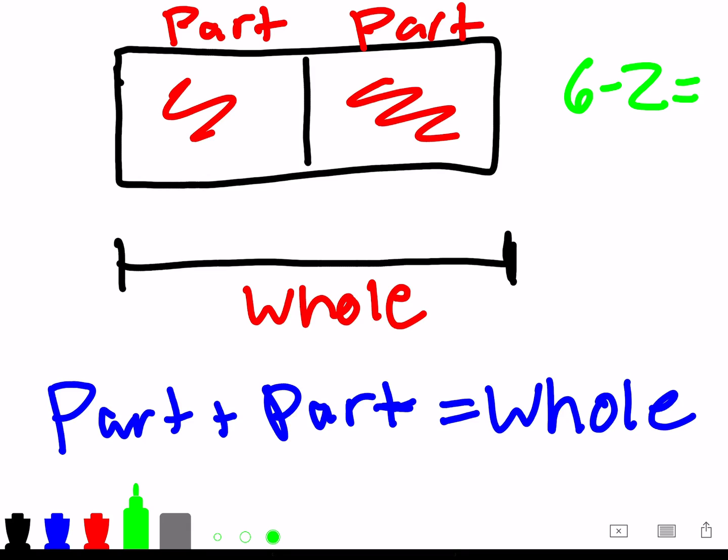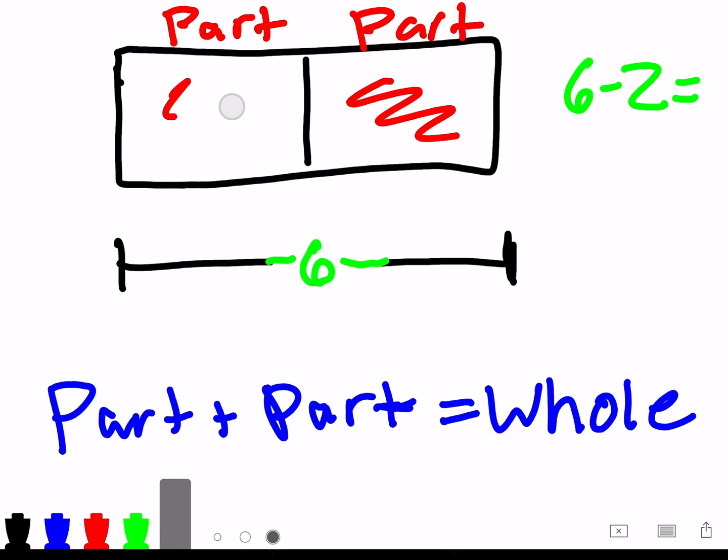Since it's a subtraction problem, we know we're losing some, so the number in this problem is going to be less than 6. So at the bottom, we are going to put number 6 as the whole. And then we're going to put this guy, number 2, in the part section because it's less than 6.